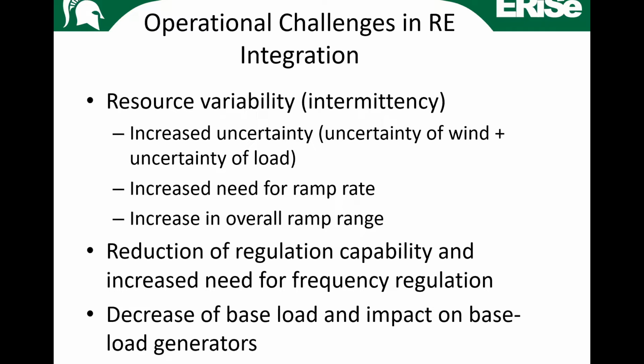When wind picks up, for instance, that means that other generators, conventional generators, need to back down. And when wind drops off, they need to ramp back up, and they have to do it quickly so that we don't lose load in the meantime. Not all generators have this kind of ramping capability, but enough for now. I'm going to talk more about ramp rate and ramp range on a later slide.